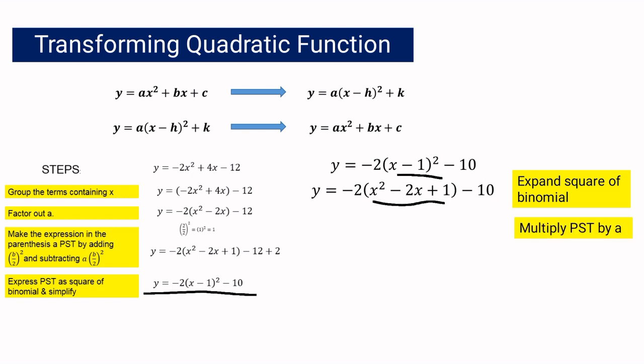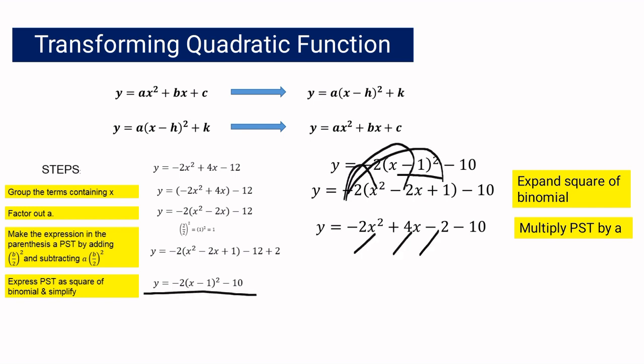For step number 2, you multiply. This is a perfect square trinomial. You are going to multiply it by the value of a using what property? Yes, using distributive property. What will happen here? We have negative 2 times x, that's negative 2x squared. Negative 2 times negative 2x, that is positive 4x. Negative 2 times 1, that is negative 2. And then you just copy negative 10. And then what do you think you're going to do next?